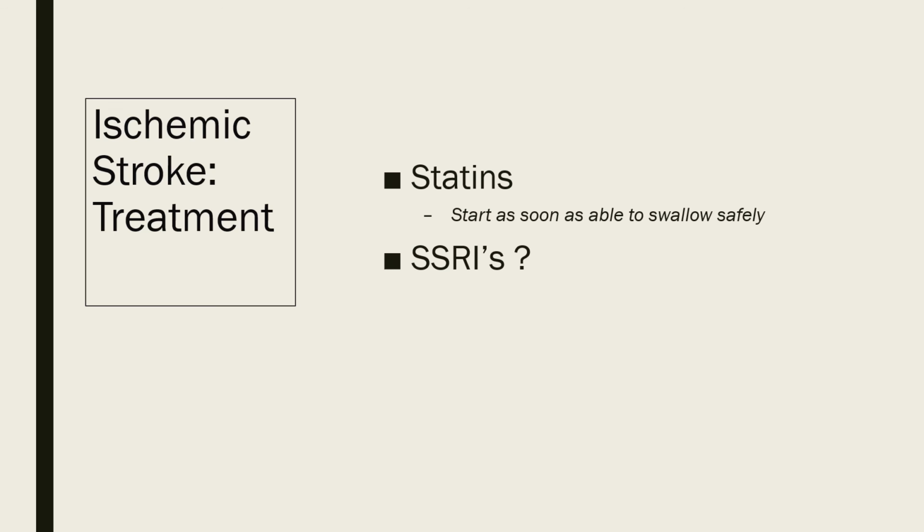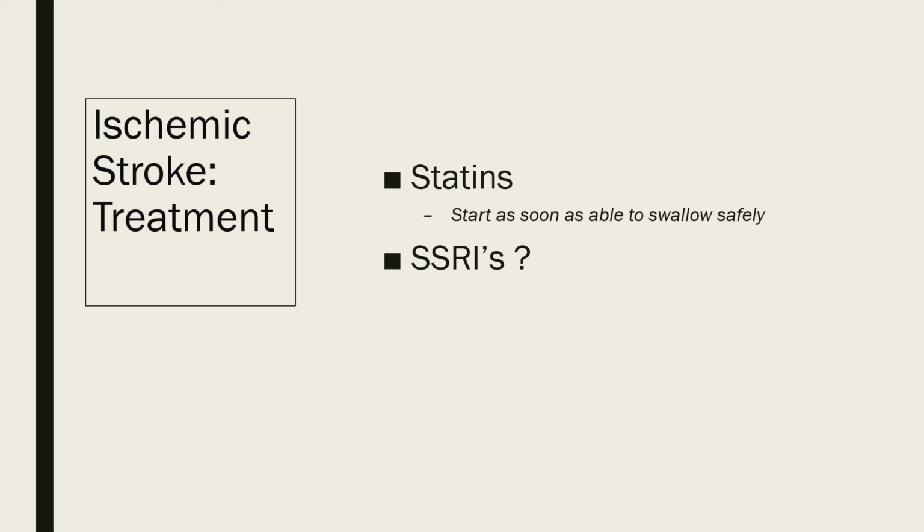So other keys to treatment, as already mentioned, statins should be started as soon as the patient is able to swallow. Another treatment that's kind of out there right now that's still being worked up is whether SSRIs are effective. Like I said, studies have been inconclusive, but some have shown that fluoxetine can actually enhance motor recovery.